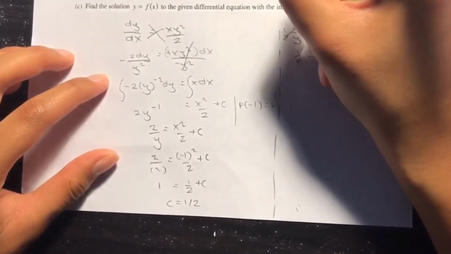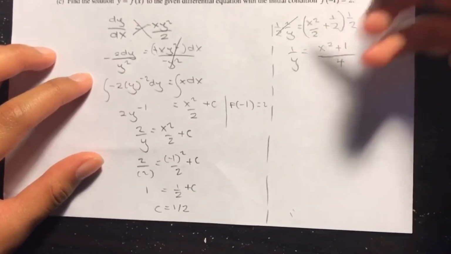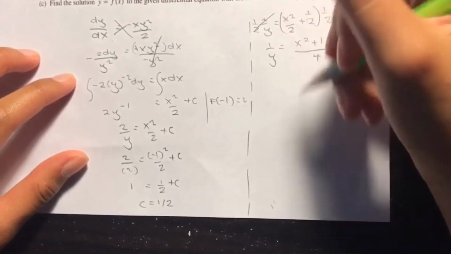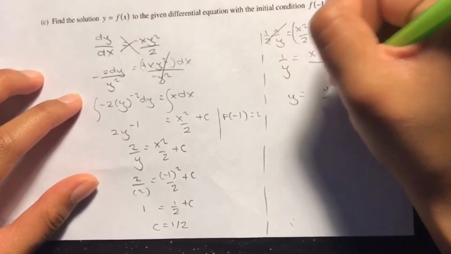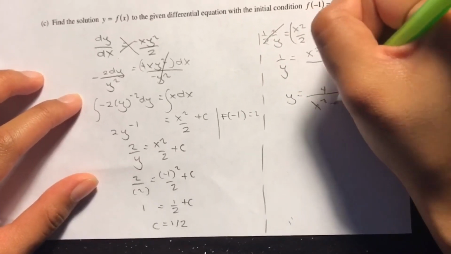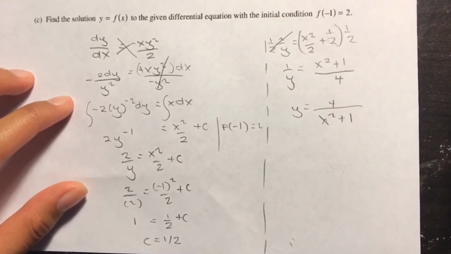And then on this side we'd have 1 over y. Since it's just 1 over y, we can just flip everything, and we should get y equals 4 over x squared plus 1, and that's your solution to the given differential equation.